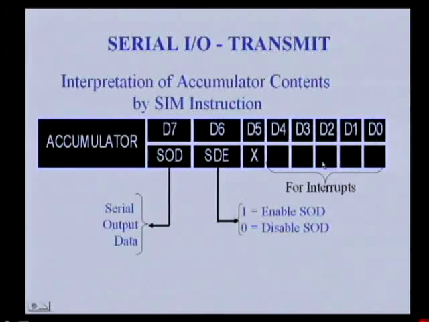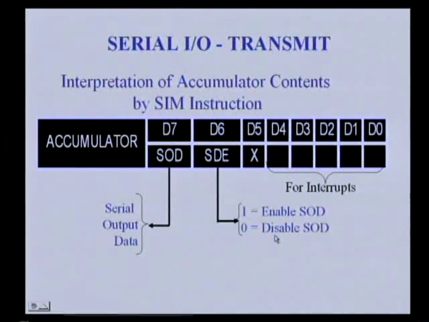The least significant 4 bits are used for interrupts, and the D5 bit is not used. And with serial I/O, important bits are D6 and D7. The D6 bit is called serial data enable. If this bit is 1, it enables the SOD line. If this particular bit is 0, it disables the SOD line.